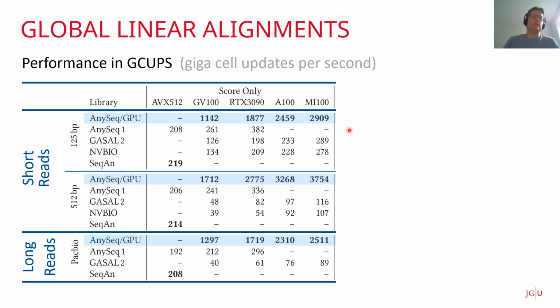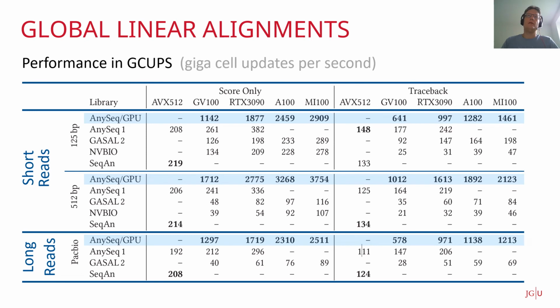Also, note that the performance of the other GPU libraries drops significantly when the reads get longer. And the picture stays more or less the same if you also compute the traceback, which is of course more costly, but the relative performance differences remain the same.